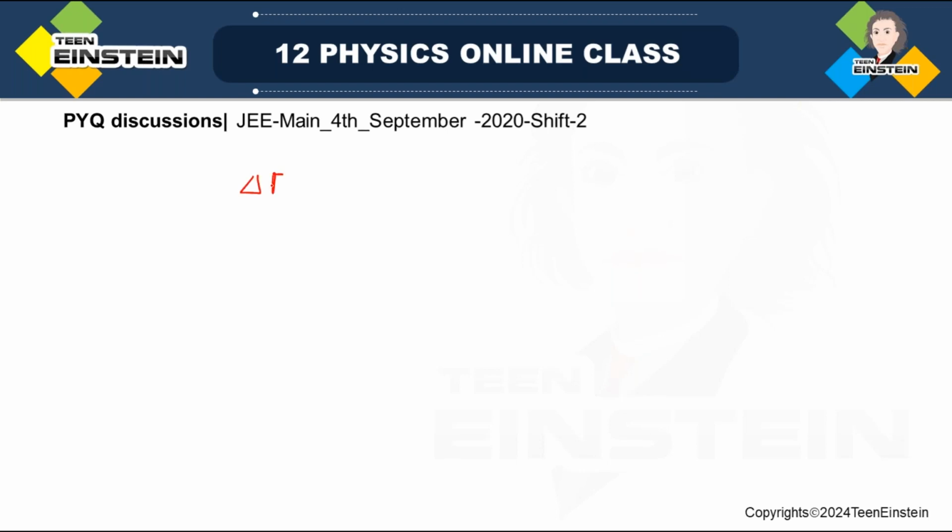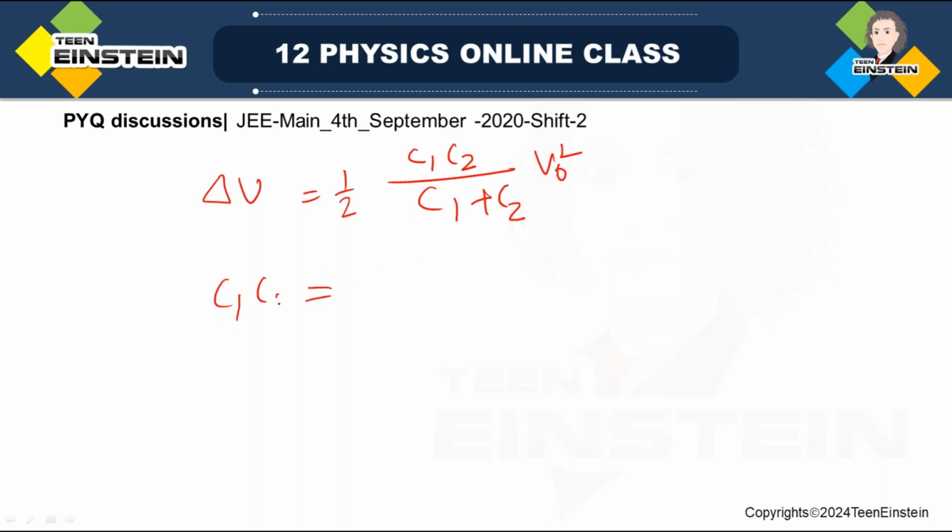So delta E or delta U, whatever you write, let me write delta U itself, half into C1 C2 divided by C1 plus C2 into V naught square. So C1 C2 is C into C by 2.